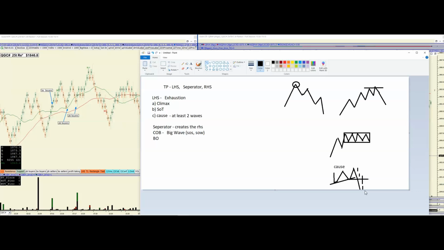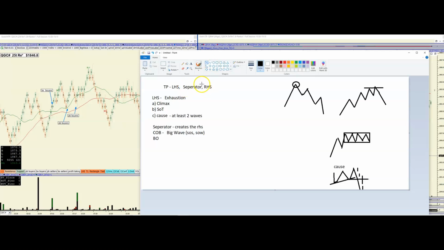Break is the key word here. Break is referring to a breakout that breaks the back of the trend. Got it? So this creates the right hand side. It must have your sign of strength, sign of weakness, whatever, with a breakout. All right, so this is the second piece.